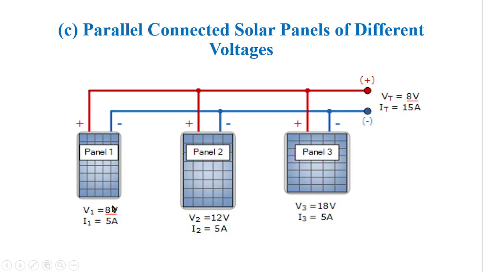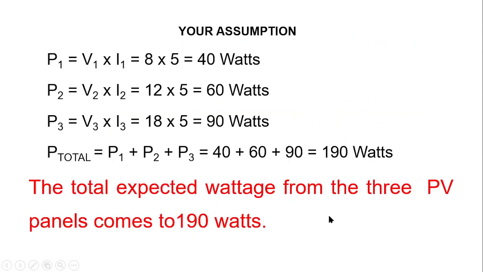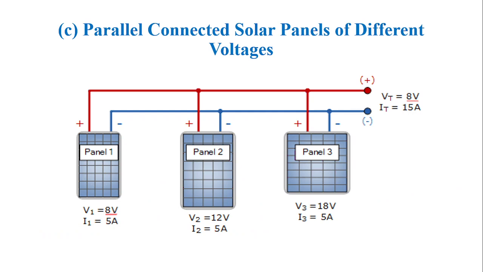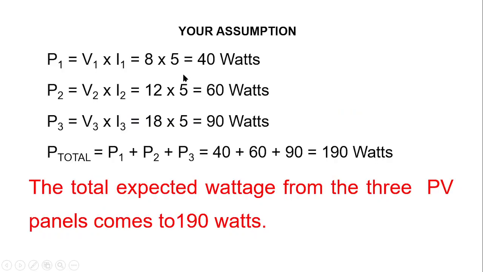Then condition number 3 is parallel connected solar panels of different voltages. So you can see panel 1 is 8 volts 5 amp, panel 2 is 12 volts 5 amp, and panel 3 is 18 volts 5 amp. So since the panels have different voltages and the same current, we want to assume that we'll just take the voltage and multiply it by the current for each panel.